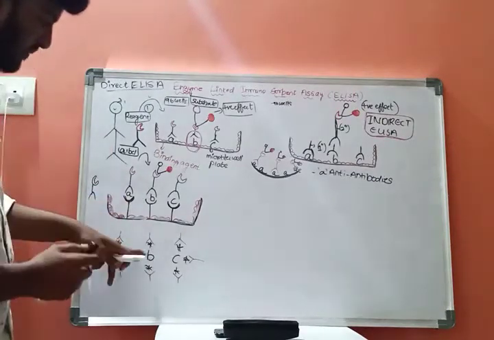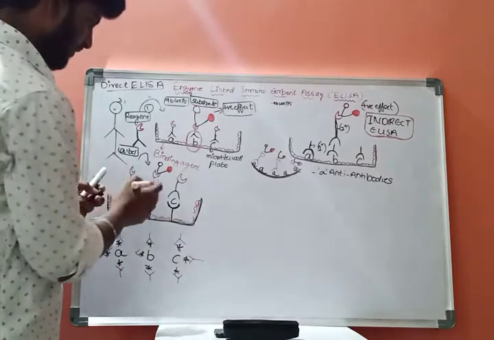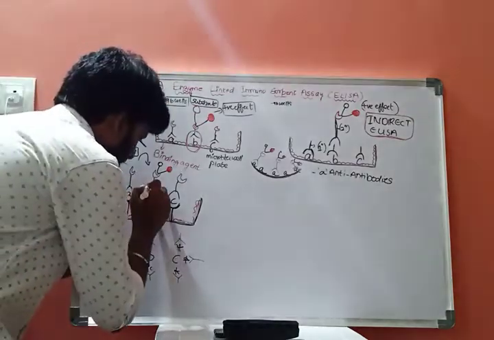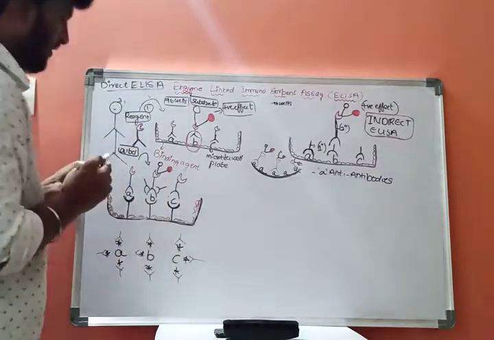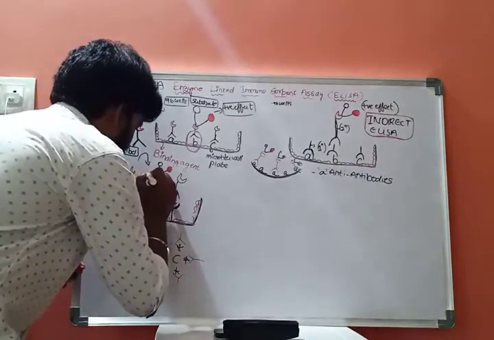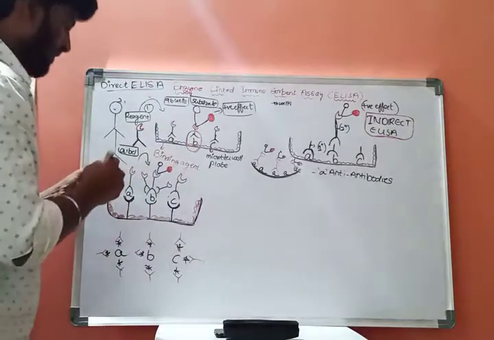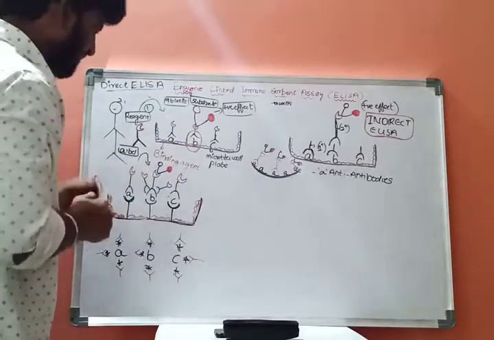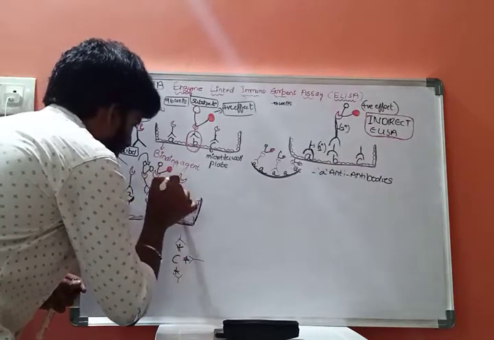As I told, this B contains multiple epitopes. There may be a chance of one more antibody here, and one more antibody here. And the substrate will get bound to the enzyme and it forms a colorful substance.